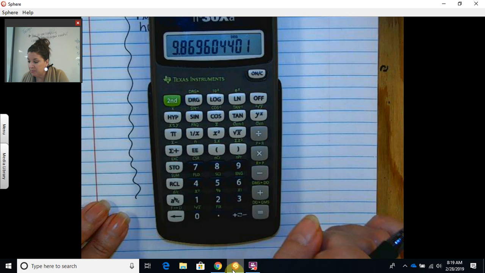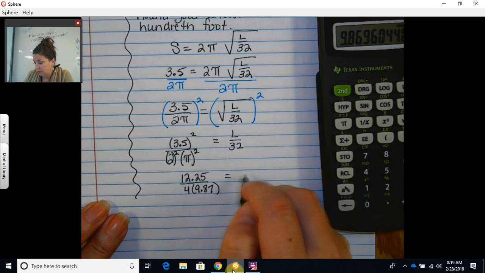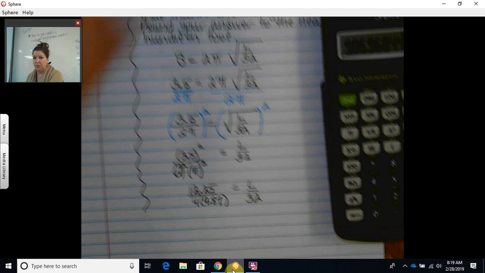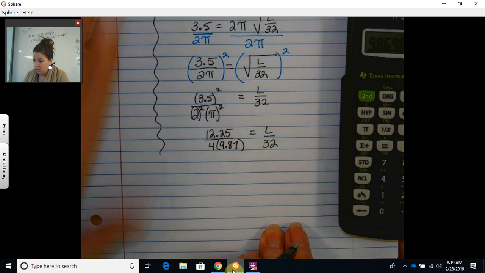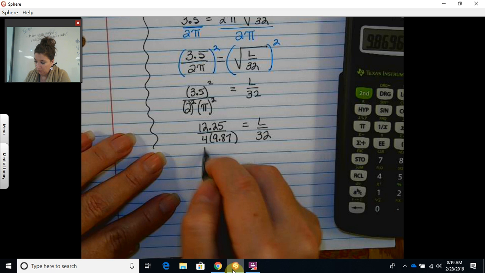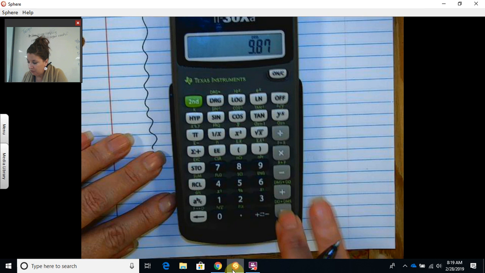Squared is approximately 9.87. And since they want the answer in feet, I'm not going to leave it in terms of pi because it wants to know the actual feet. So I'm going to change that to a decimal. So that is 12.25 divided by 4 times approximately 9.87, 39.48 approximately.